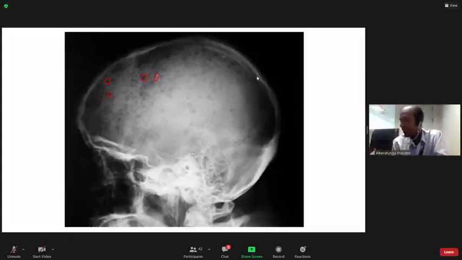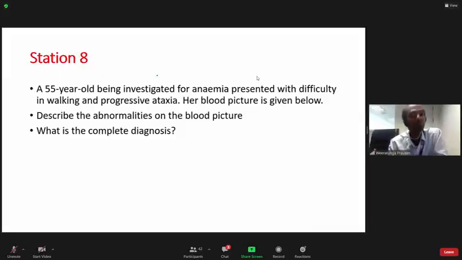Or you can do a serum free light chain assay. Then, taking your current plan, bone marrow biopsy. So skull X-ray with lytic lesions is myeloma, nothing else this could be, and very common in exams also.